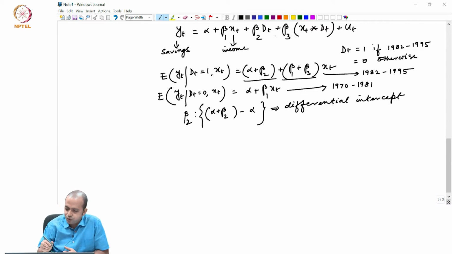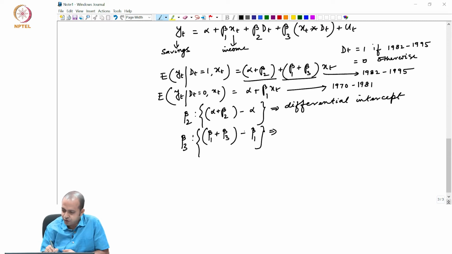And how do you define beta 3? Beta 3 is defined as beta 1 plus beta 3 minus beta 1. And if you define in this way, what is beta 1 plus beta 3?